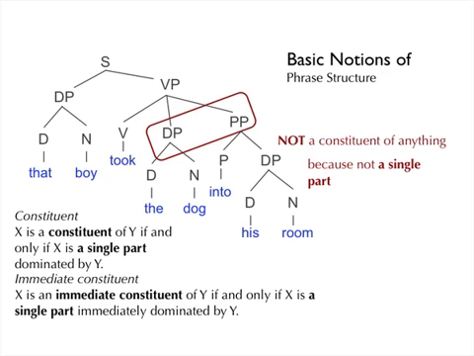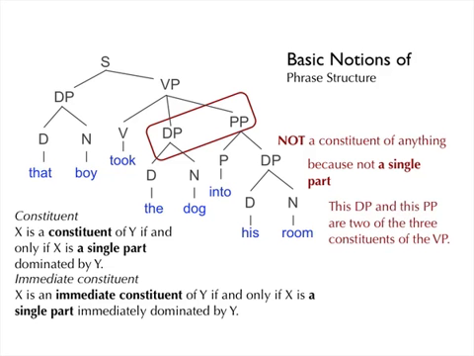It's part of the VP, right? But the DP and the PP together don't themselves make up completely a single part, right? They're two of three of the parts, right? It's a pretty simple notion. Okay.